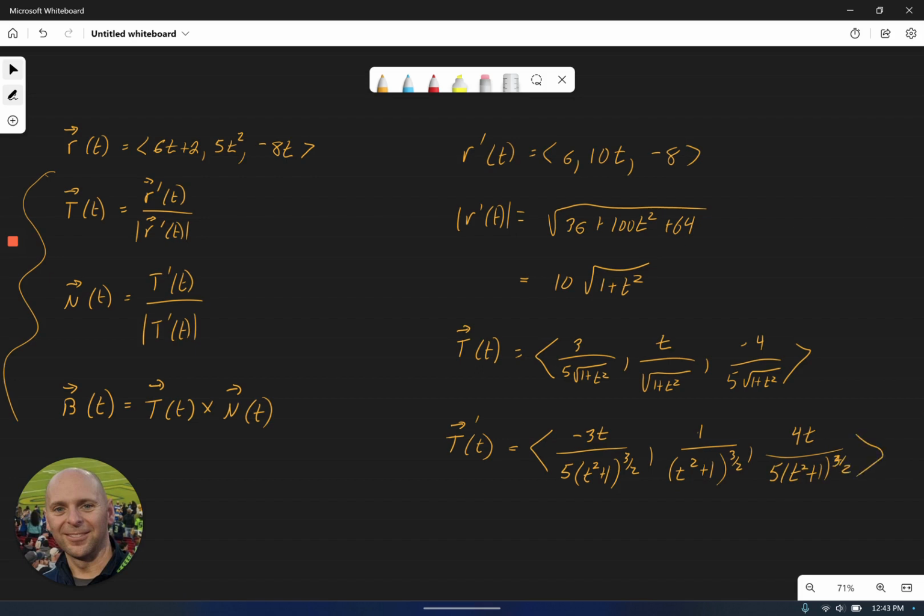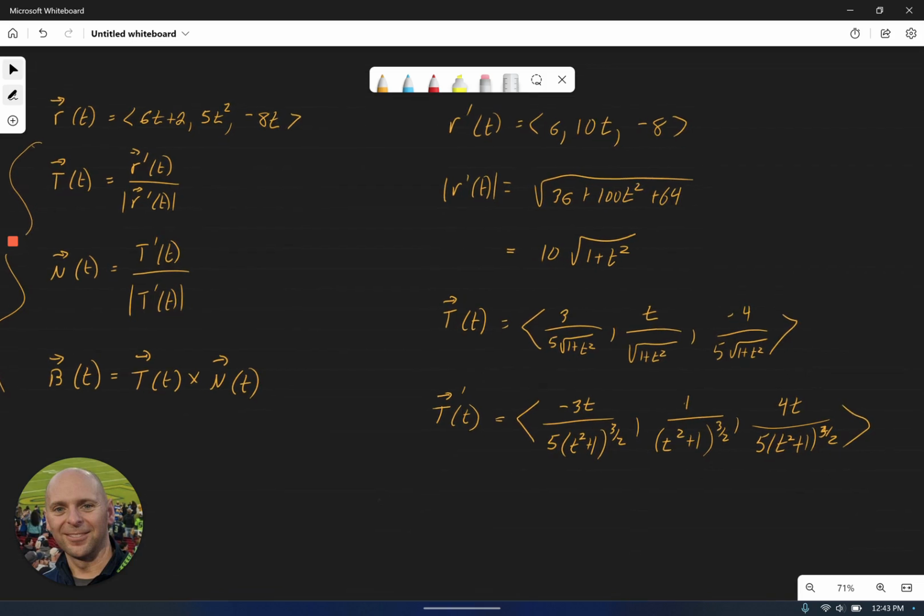And I'm using rational exponents here. It's a little bit cleaner than using the roots, but also that's what the computer algebra system gave me, as well as it reversed these to t squared plus 1 instead of 1 plus t squared. So we've got that now, and that saves us quite a bit of time.